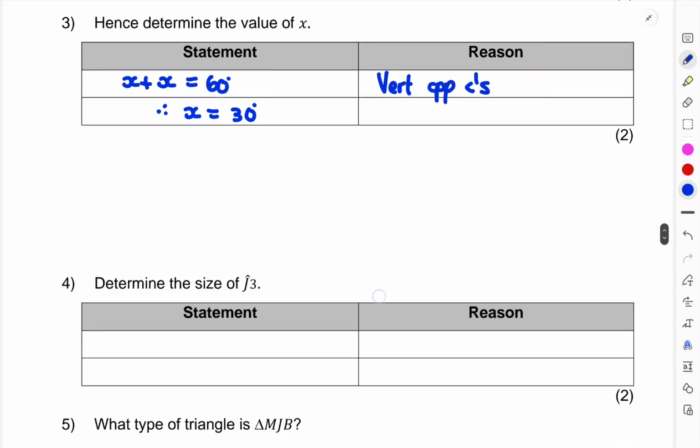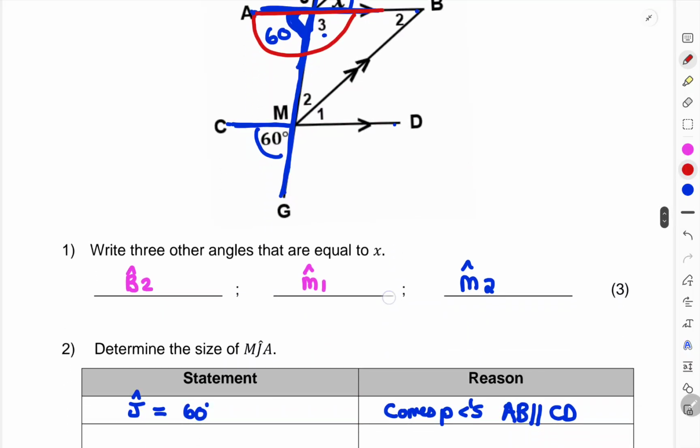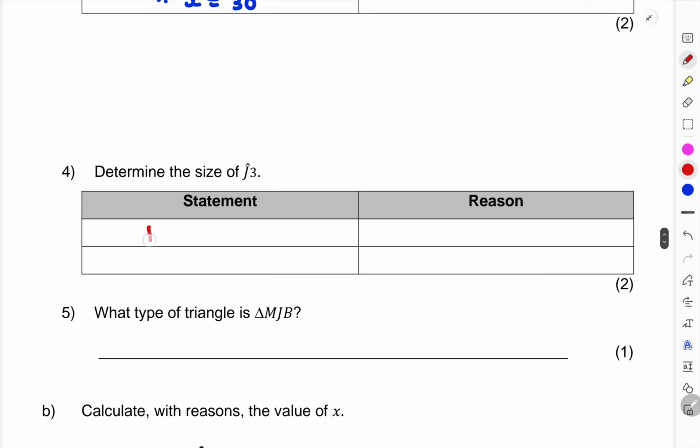Then they say to determine the size of J3 over here. Because of angles on a straight line, that's quite easy. So J3 will be 120 degrees because of angles on a straight line.